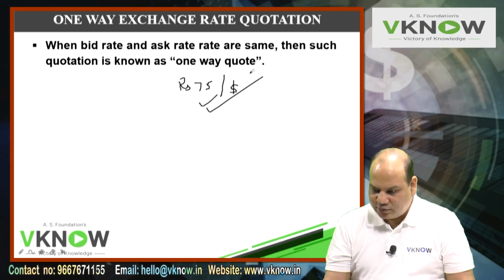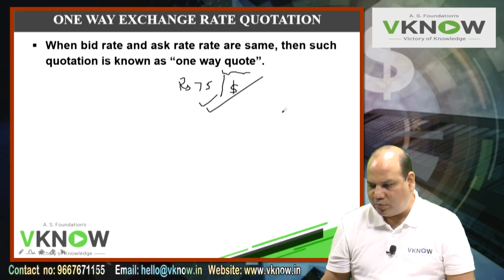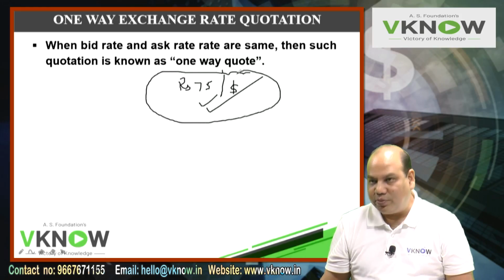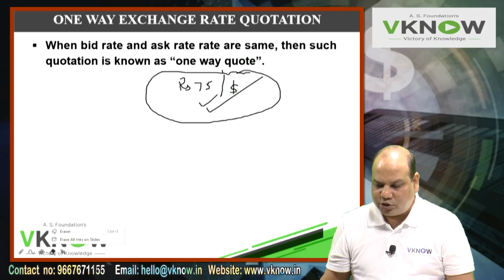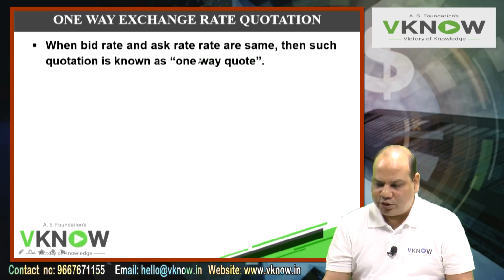So as I said, practically this may not happen, because always there will be a gap between the bid rate and the ask rate. The ask rate will be more than the bid rate, so that the bank or the dealer can make profit. But because you are a student, many questions just have only one quotation.